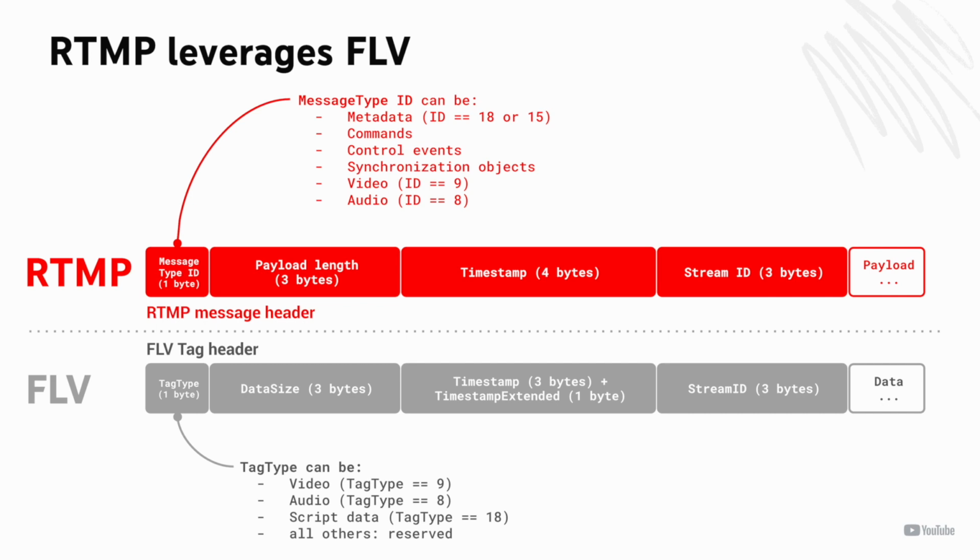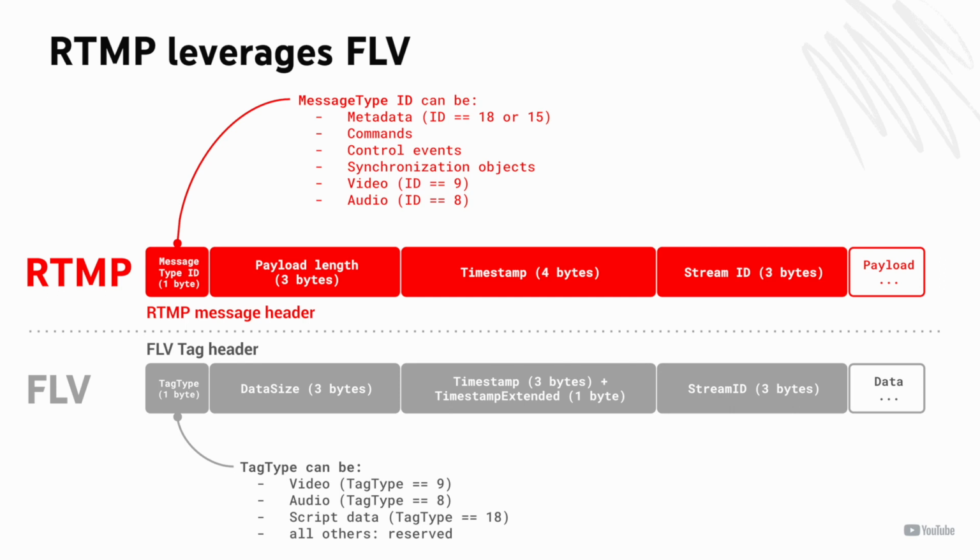But note that RTMP itself, in the spec, does not actually constrain the media data in the payload. What happens is that RTMP actually leverages Flash Video, aka the FLV container format, for media. Just in case anybody's not familiar, FLV is a fairly lightweight container format.